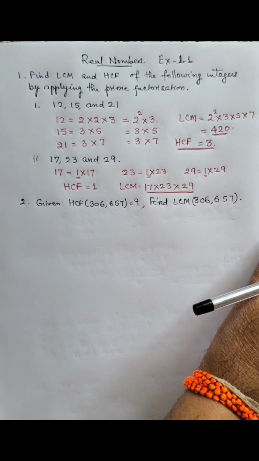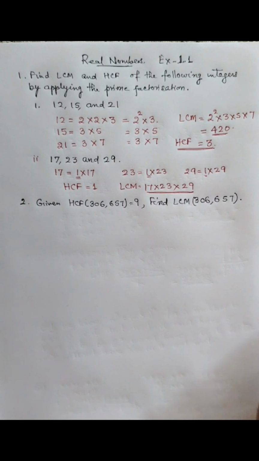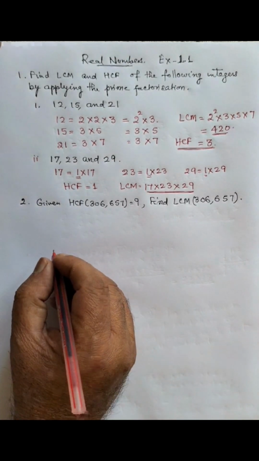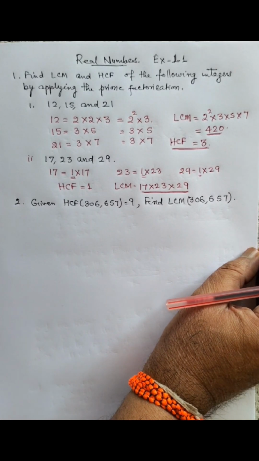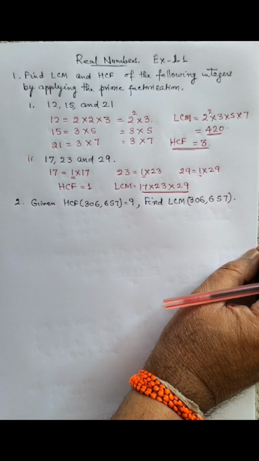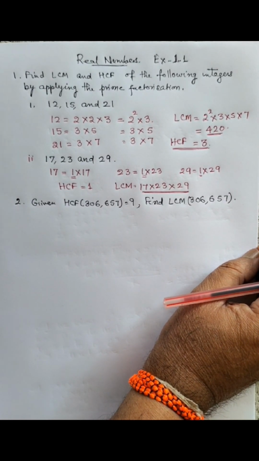Now here we will use the important property which we have discussed in the last session. If you forgot, you can just refer back to the previous video where we talked about the real numbers.